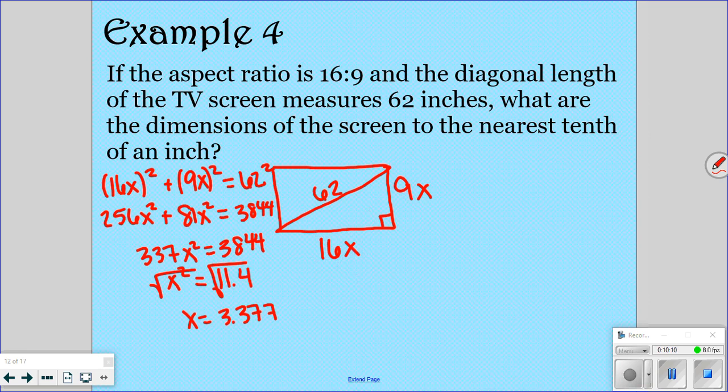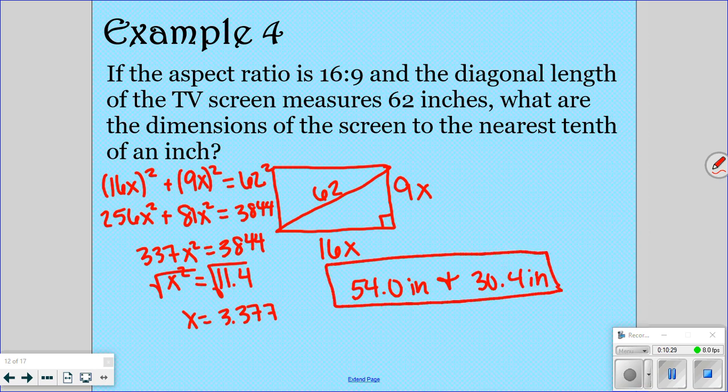So that number times 16 is 54.0 inches. And then that same number times 9 is 30.4 inches. So that would be your answer.